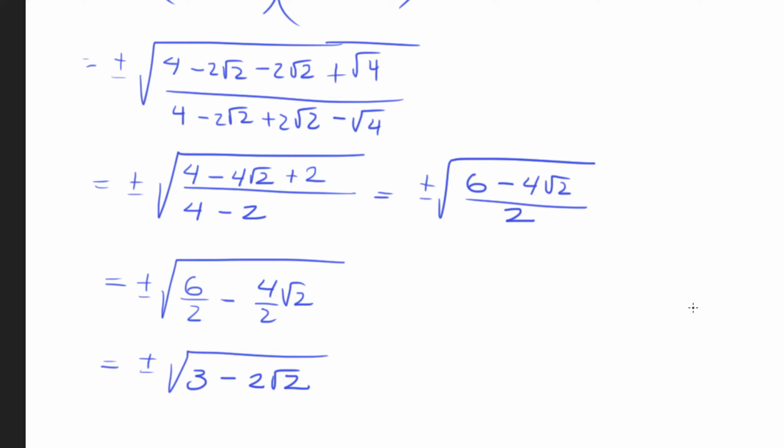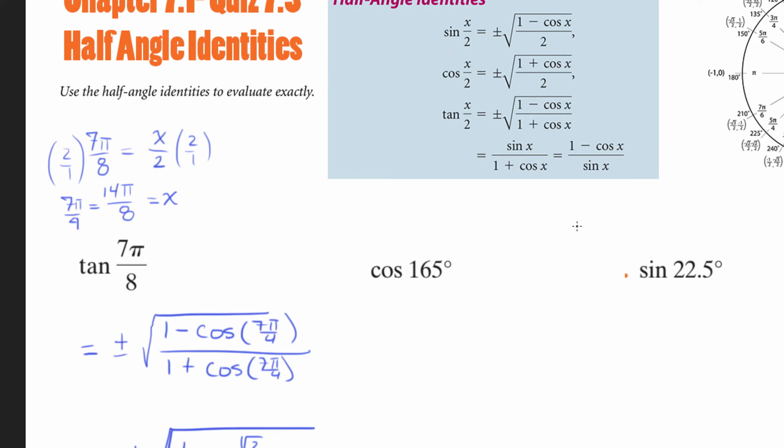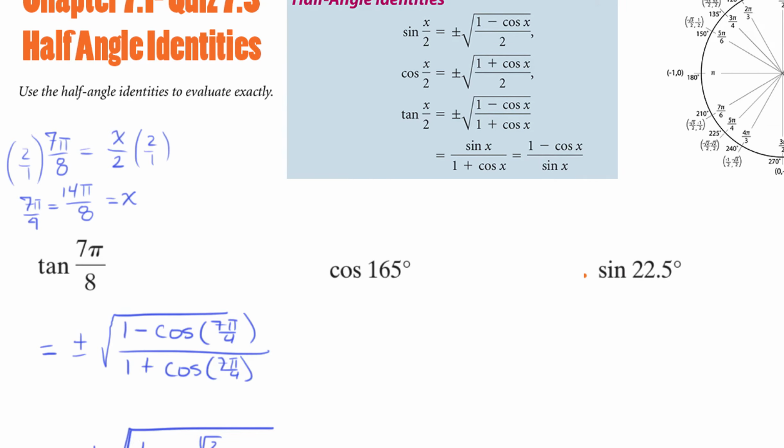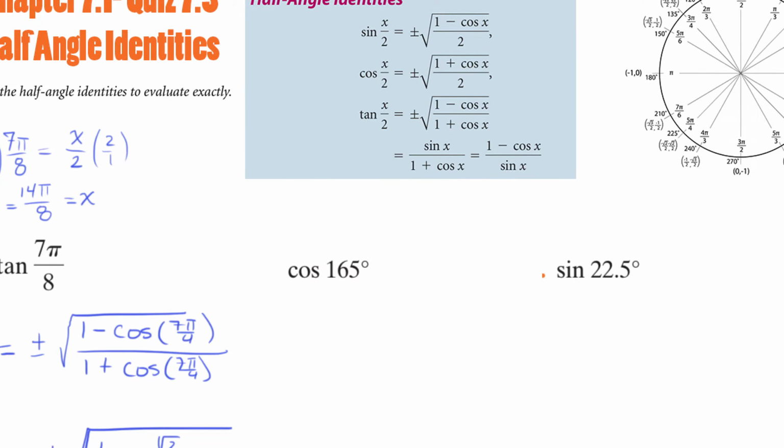Now, you need to know if it's plus or minus. I've been writing it down, but I haven't told you, well, which one is it? Well, let's look at the angle. 7 pi over 8. Well, let's see in what quadrant my 7 pi over 8 might lie.